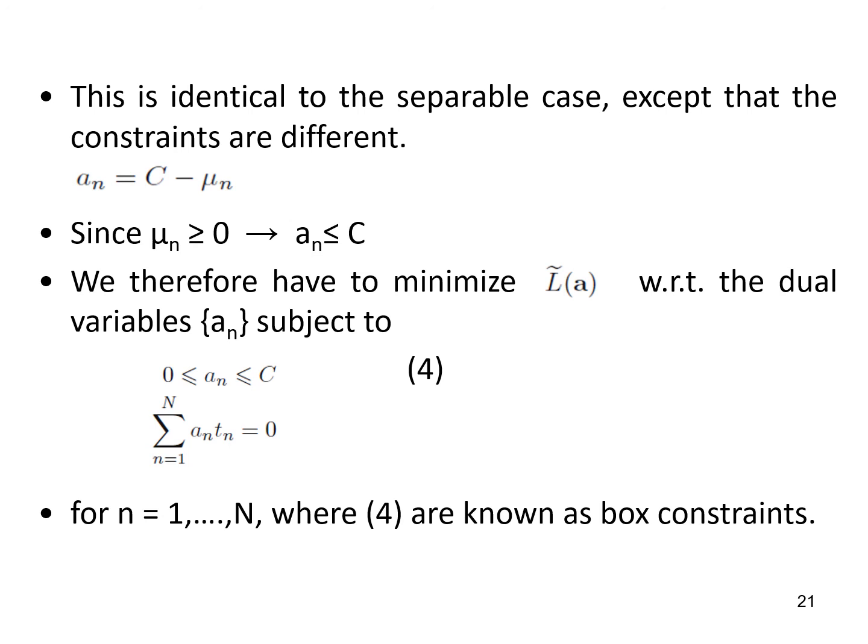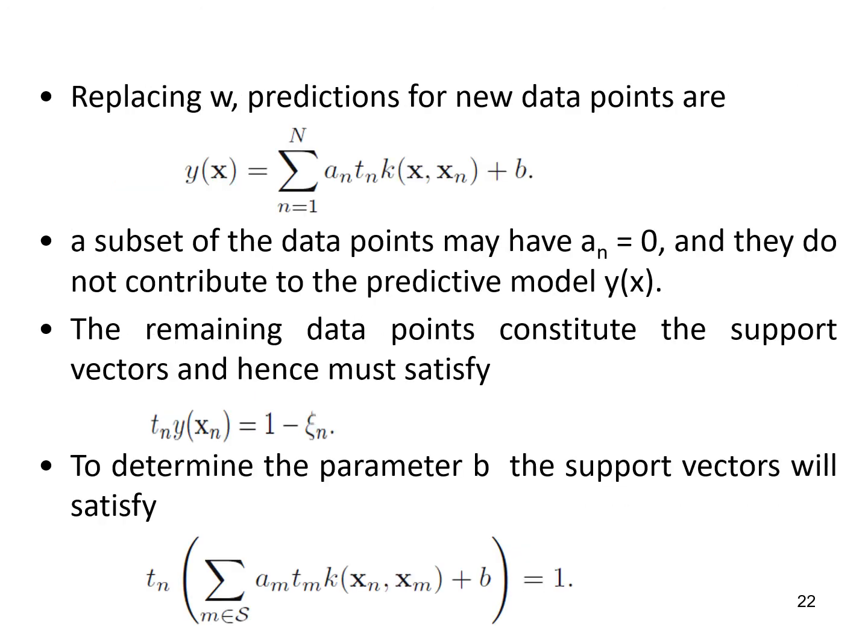We therefore have to maximize L of a with respect to the variables an subject to the conditions an lies between 0 and C and summation n equal to 1 to N an tn equal to 0, and these are known as the box constraints. Replacing w, predictions for new data points are given by the equation.